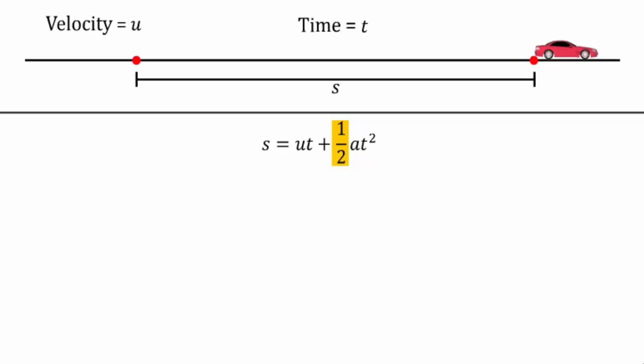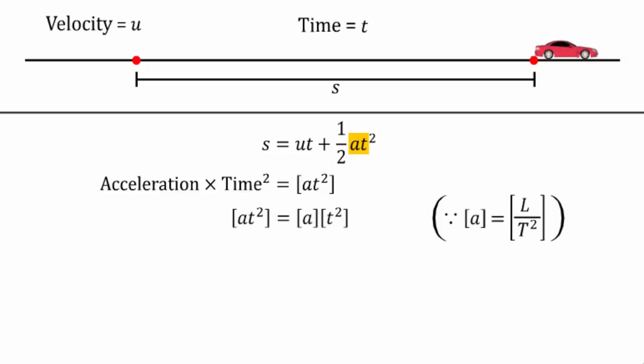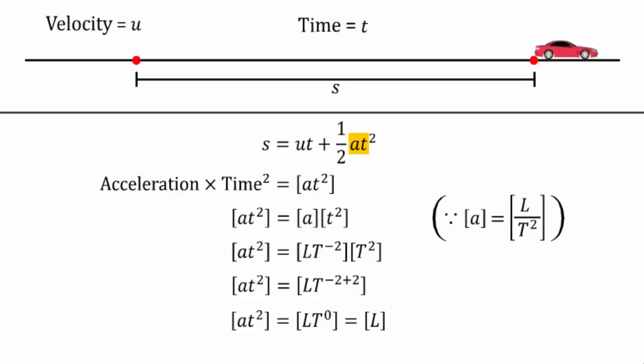Half is a constant and thus does not have any dimensions. Here, it is the product of acceleration and time square. The dimensions of a are L T power minus 2 and that of t are T. Thus, the dimensions of at square are as shown.